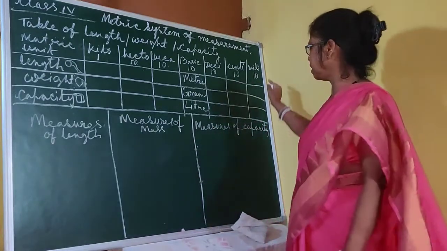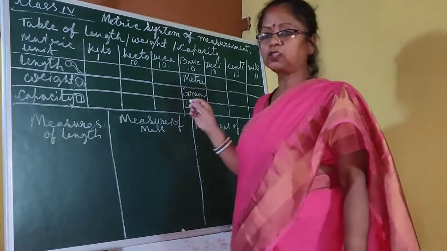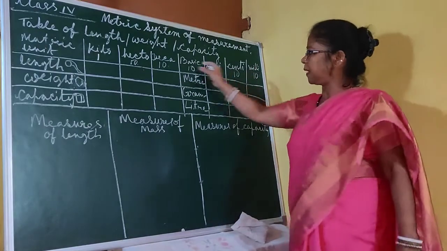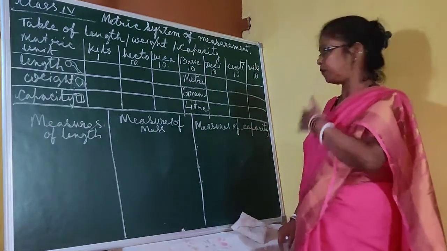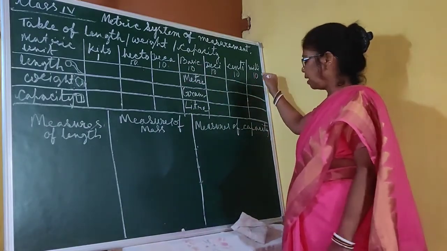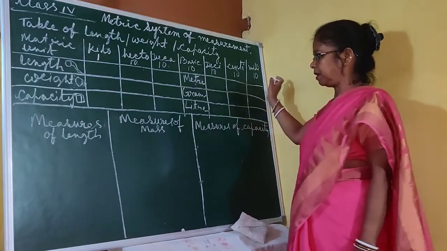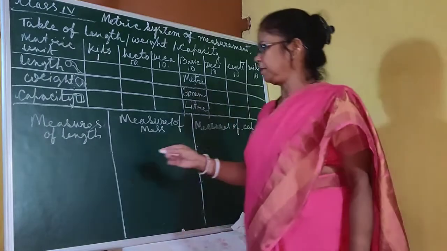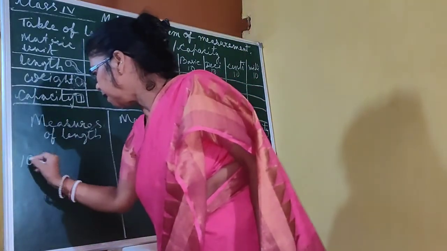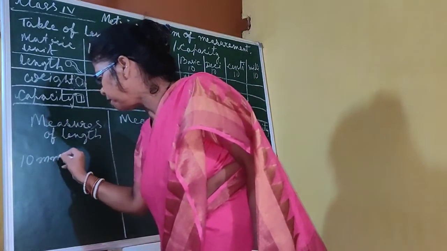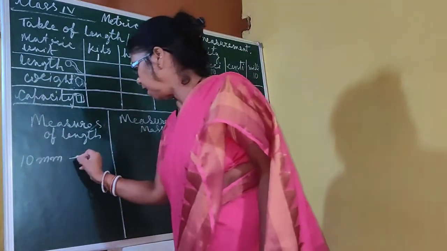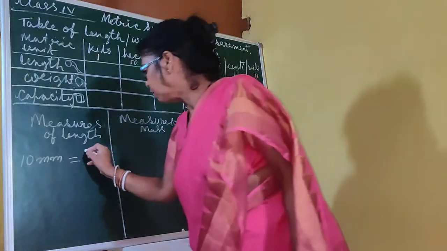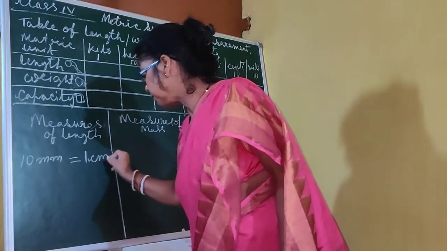So how to write, see here. I will write in short form because I am writing all 3 tables together, so I don't write the full spelling. Using the meter table, measures of length: millimeter short form is mm. 10 mm equals 1 centimeter, 1 cm.